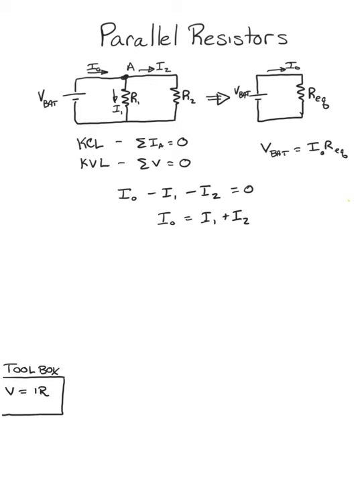I also know something about the voltage drop across each resistor from the toolbox. So remember down here in the toolbox area, I can always use V equals IR. And so I'm going to use V equals IR across that R1 and across the R2.